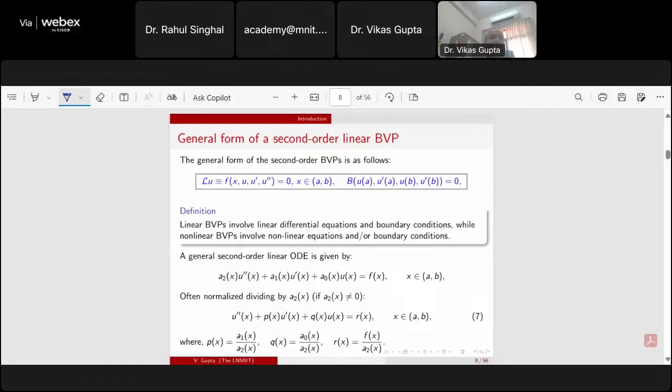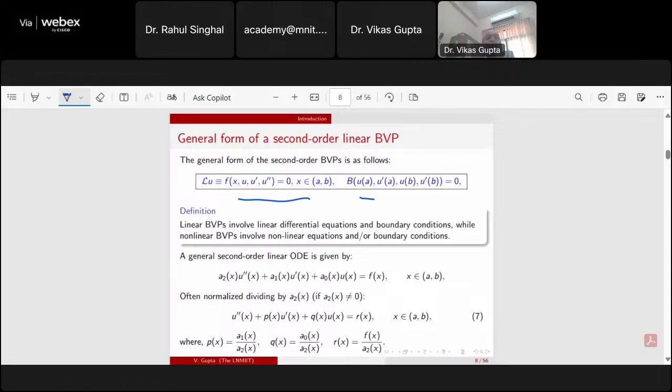It is well known that a general form of the second order boundary value problem is given in this equation, where the differential equation is defined by the operator L and the boundary conditions are specified by the function B. Note that the given boundary value problem is linear if both the function f and the boundary conditions are linear, and if either f or b or both are non-linear, then the boundary value problem is said to be non-linear.